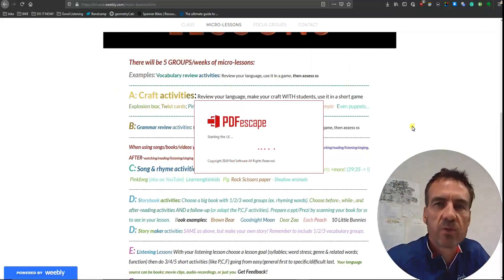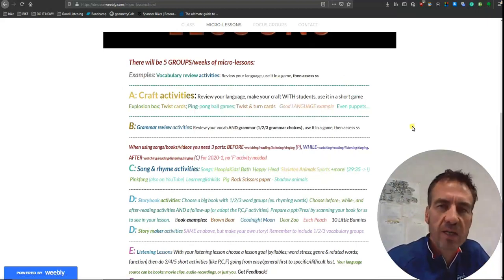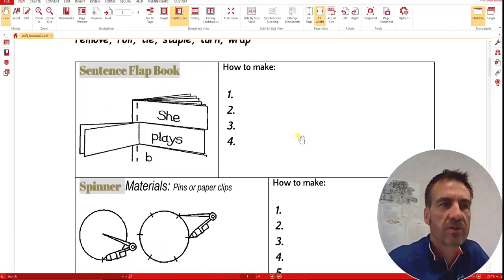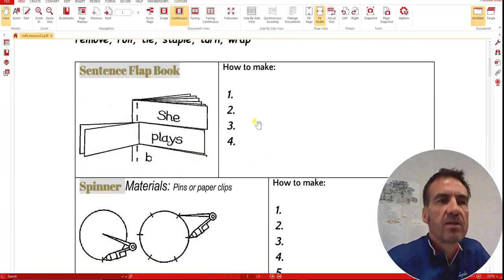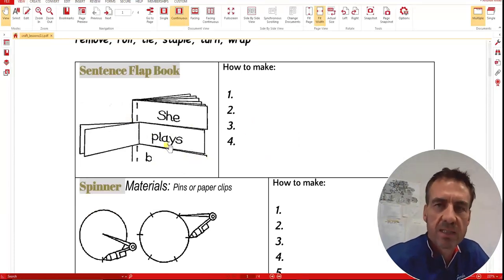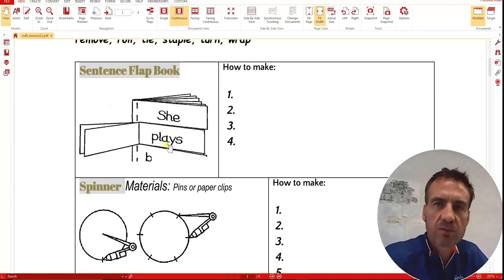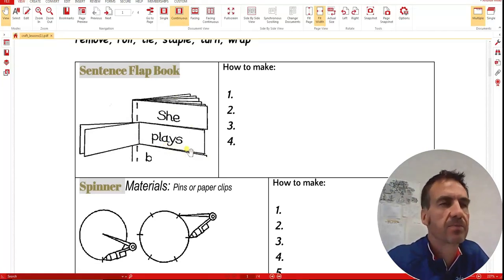And you have to create the directions that you would give while demonstrating how to make one craft. So you're making something, but it is an English class, so you must have a language group or groups that you're planning to review in the lesson. So this one, we might have looked at this briefly already. Students make this sentence flat books. You give them directions, simple things like take 6 pieces of paper for each pair.